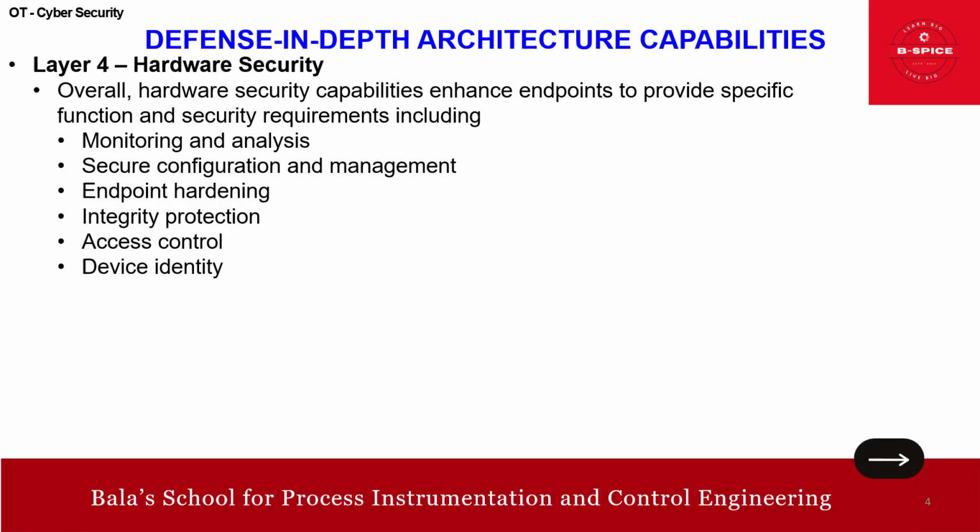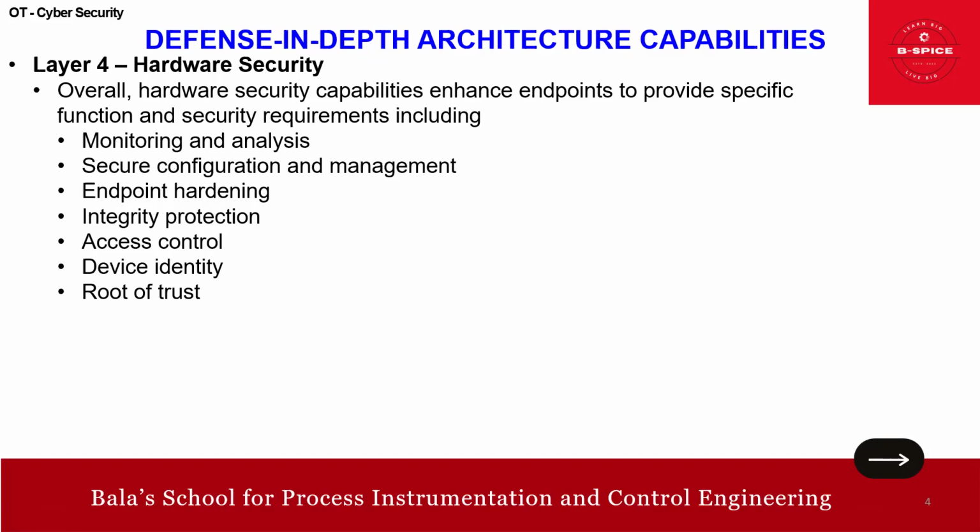Then we go into the very important topic, root of trust. What is root of trust? A root of trust is a foundational security concept that refers to a set of hardware, firmware, or software that are inherently trusted to perform critical security functions. These components serve as a basis for establishing trust in a computing system.